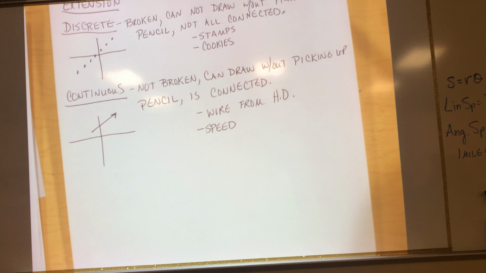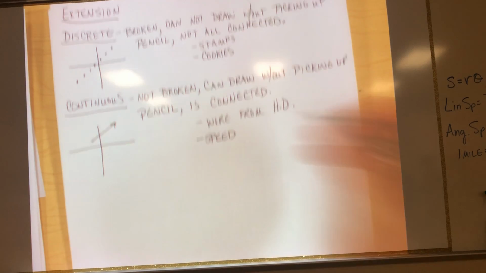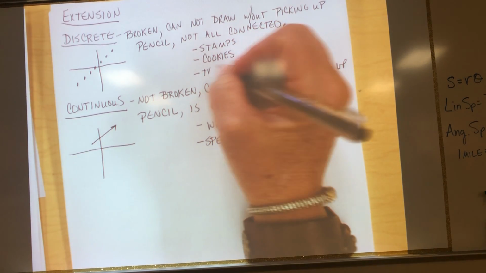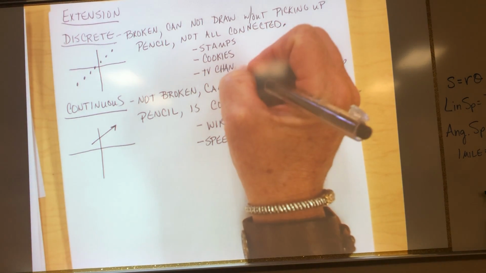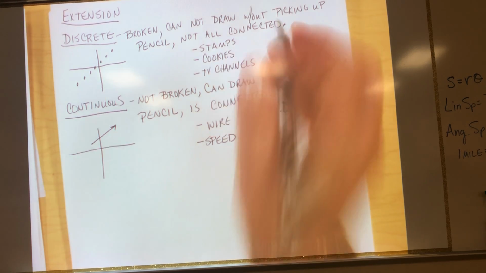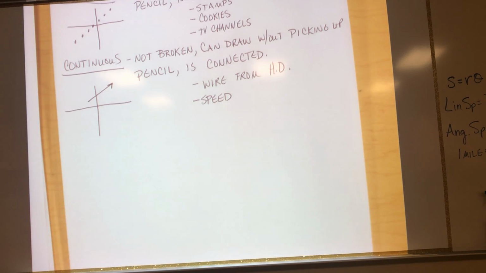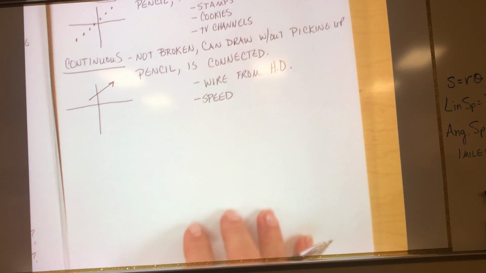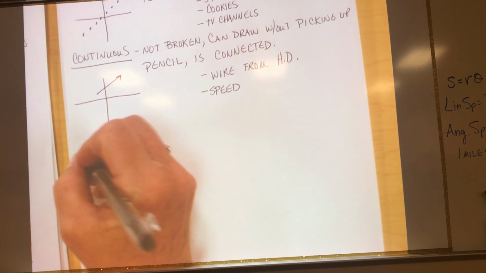You can only see 7/10 of the screen. You don't know what's on the other side of the screen. No, people, TV channels, that's discrete, okay? You have 1 TV channel, you have 2 or 3 or 4, you don't have part of a channel, okay? That's crazy.